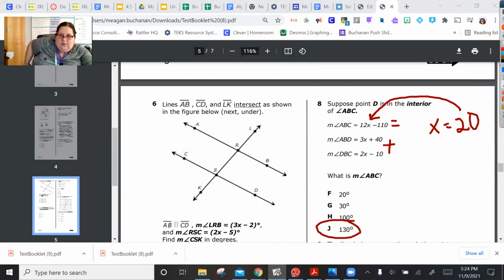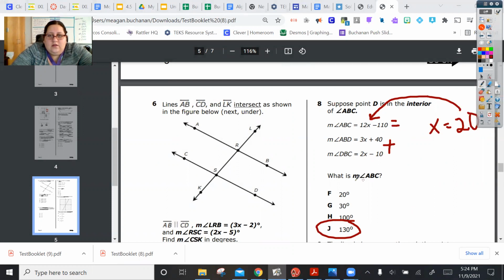So it sounds kind of difficult, but all you're doing is using nSolve. You can also solve it by hand if you'd prefer. We use our angle addition postulate to add these together to get the whole, find out what x is, and plug it into the angle that we want.